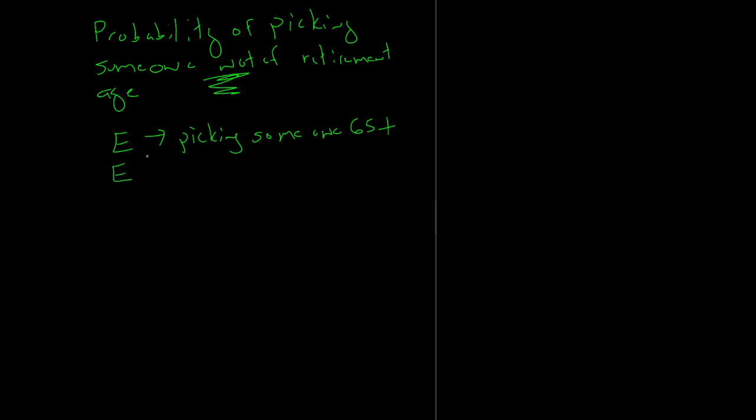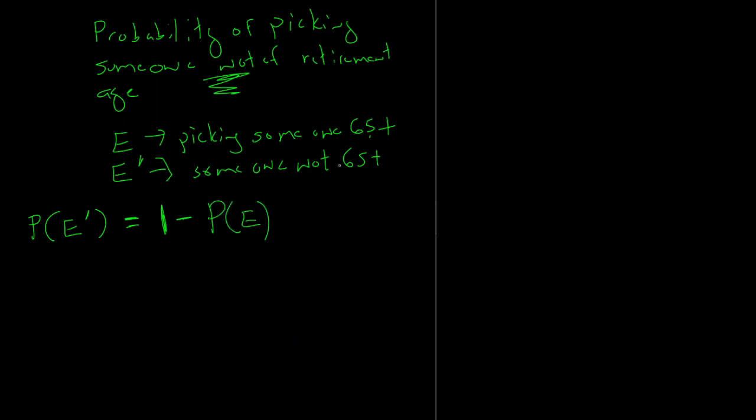And so E prime, the complement of that, is someone not 65 plus. So we want to find the probability of E prime, or the complement of E. And so what I want to do is subtract the probability of that event.